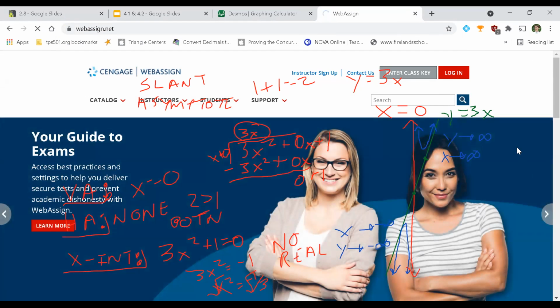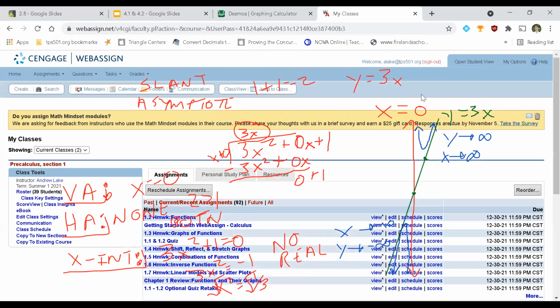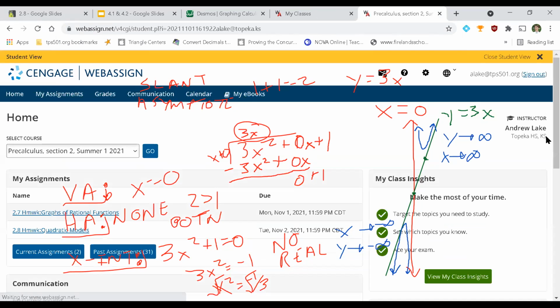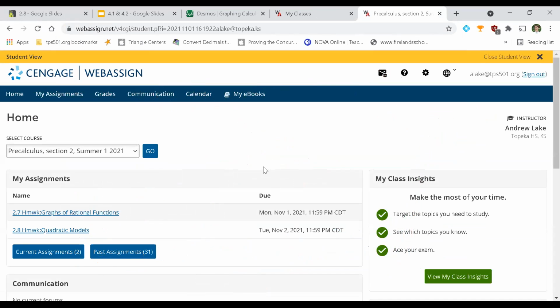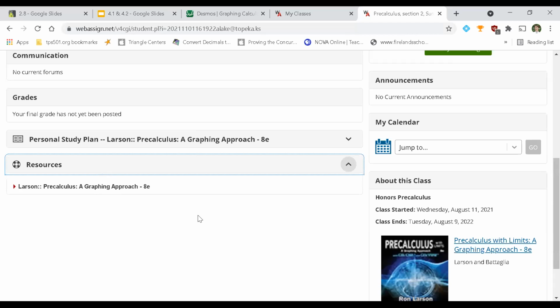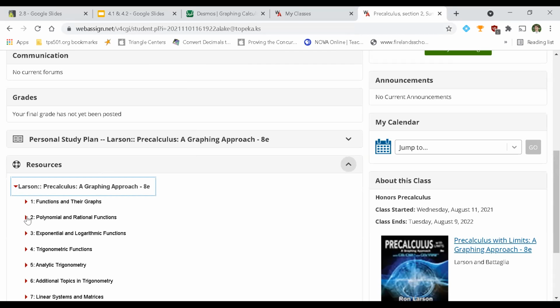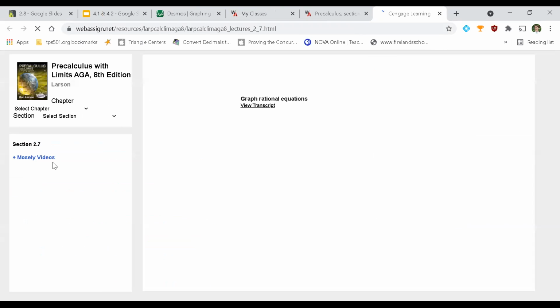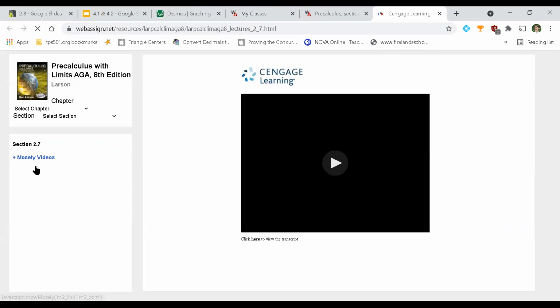If you go to WebAssign, student view. I might even have shown this on Friday because of the paternity leave thing. All right, so this is what it looks like when you log on. And if you go to resources and you open this up and you say, wow, I really didn't understand 2.7, how to graph stuff, there are all these videos here that you can watch.